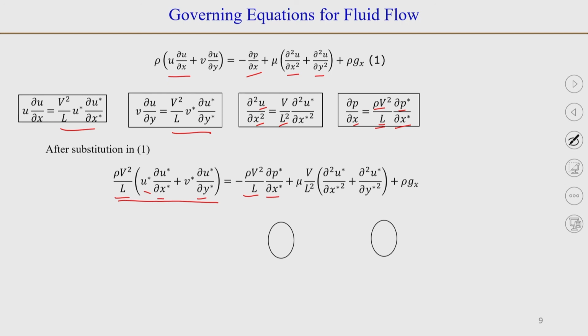For the viscous term, mu is already outside the bracket, and for del 2 u by del x 2 and similarly del 2 u by del y 2, we will have V by L squared multiplied by, within the bracket, del 2 u star by del x star squared plus del 2 u star divided by del y star squared, plus rho g x.